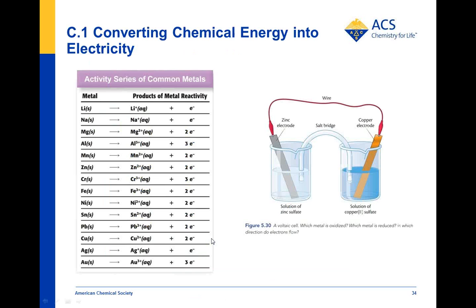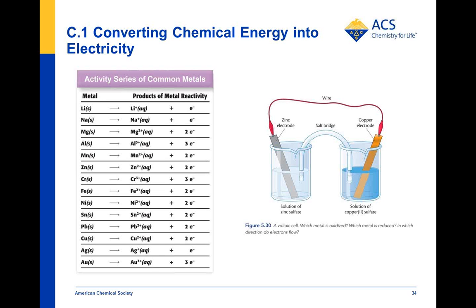Then we go on to section C1, and we look at that activity series. It's slightly different than the activity series that was on page 75, where we simply had the element and then the ion that was found in the minerals and how we might process it.